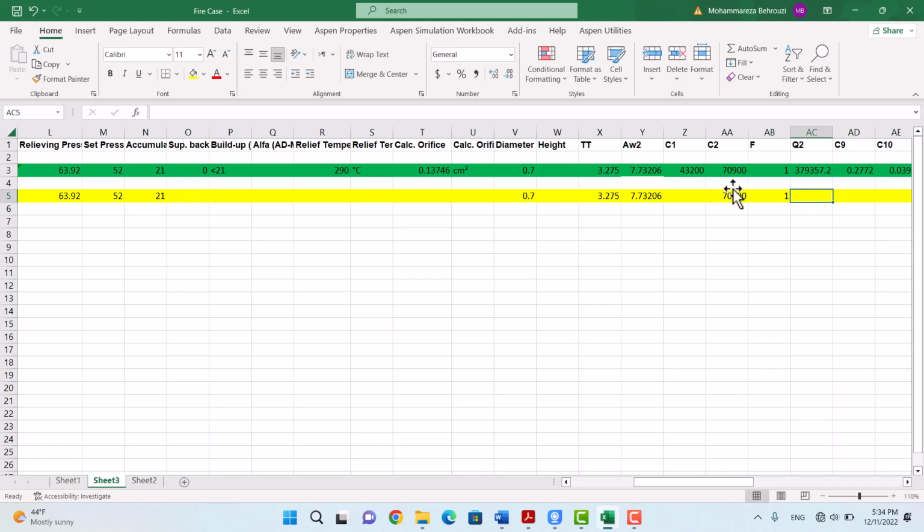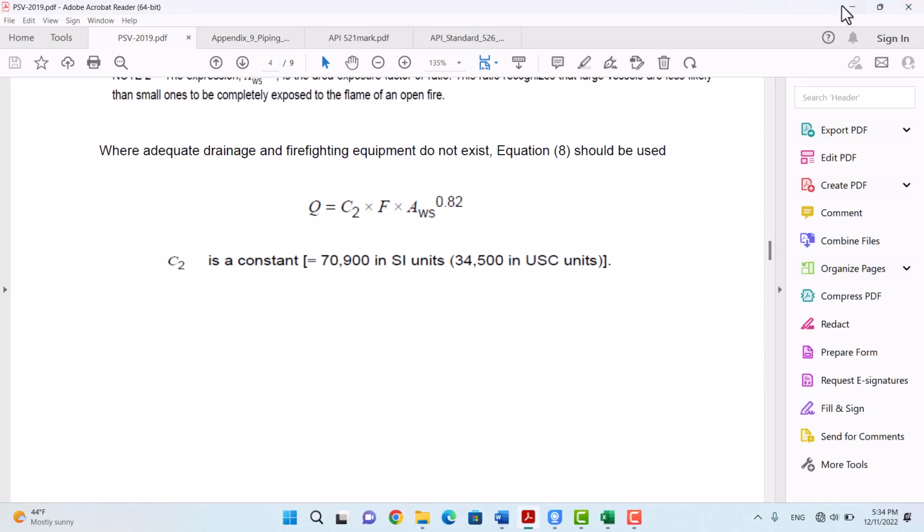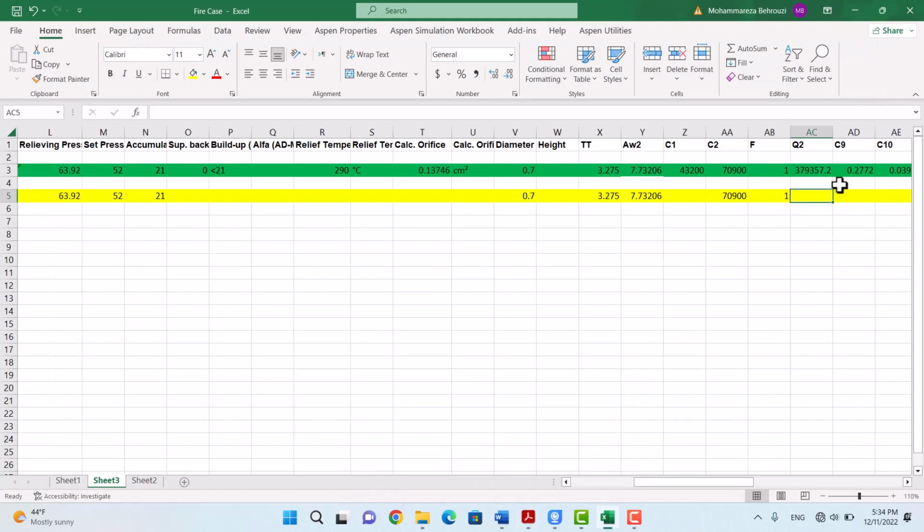Then we can simply calculate the total heat based on this equation, and I'm going to insert the equation here, make a pause and write down the equation.